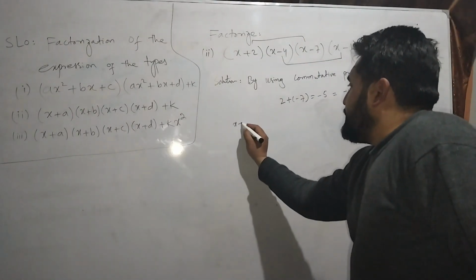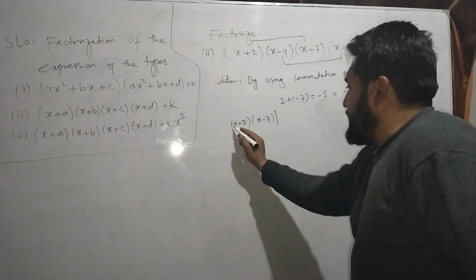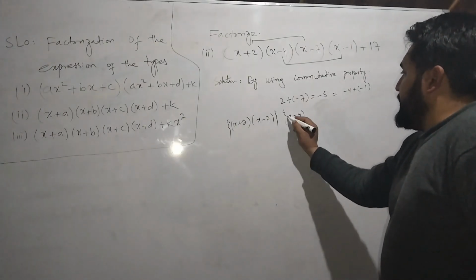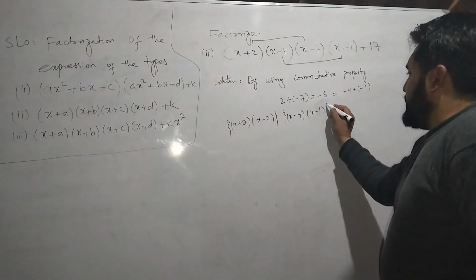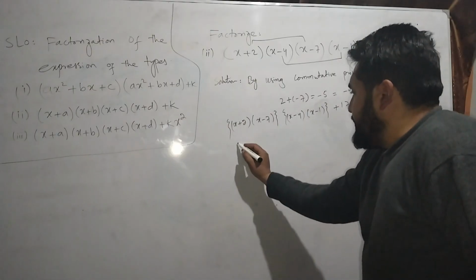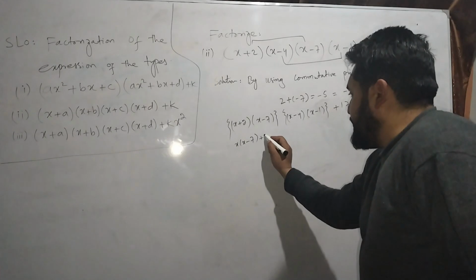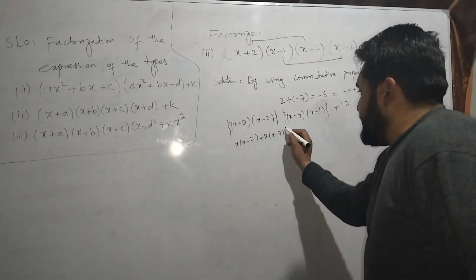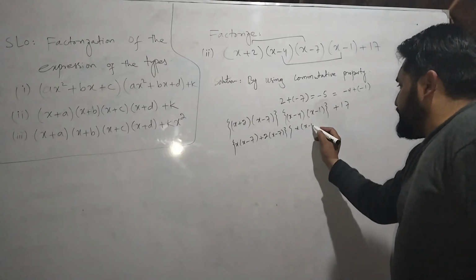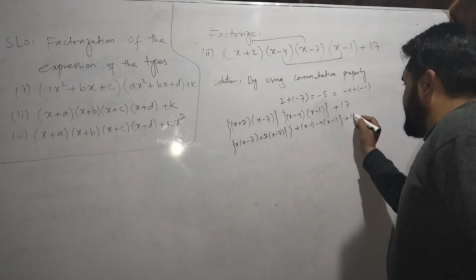So here x plus 2 into x minus 7 in multiply form, and the other one is x minus 4 into x minus 1 plus 17. Okay, we just multiply these two. That is x into x minus 7 plus 2 into x minus 7. Here x into x minus 1 minus 4 into x minus 1 plus 17.